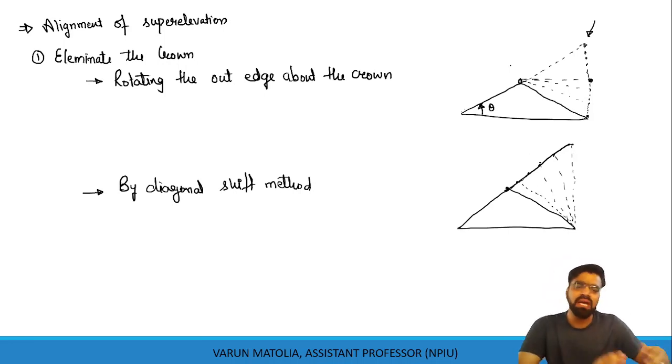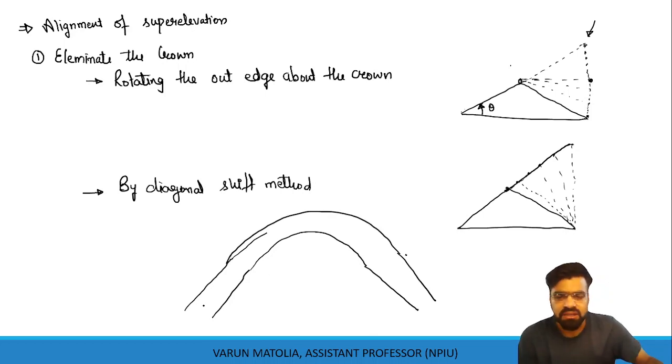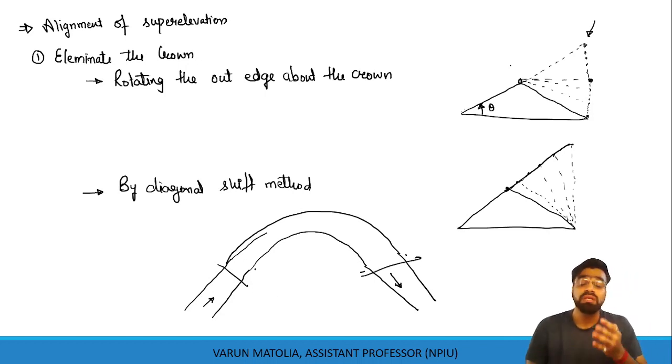Look, why I'm saying we are providing this: if this is a straight road, and this is another straight road, and we are connecting these two straight stretches with a horizontal curve. When the road is straight, there is no super elevation. Camber is always there, but there is no super elevation.